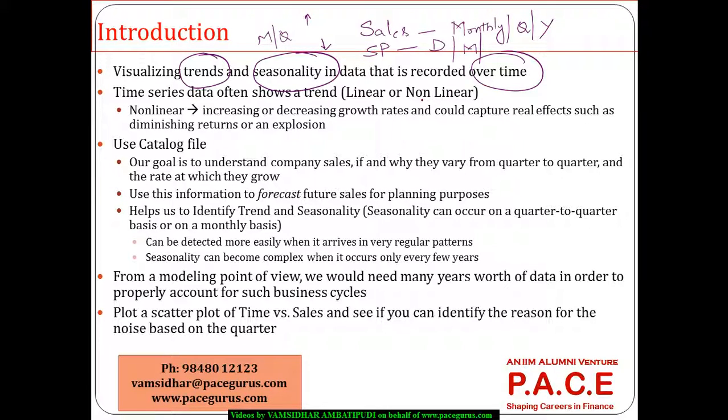So, if I really want to understand or observe that kind of a pattern in my data, what is that I need to do? So, this is the scope of time series analysis. I am looking at the trend as well as the seasonality in the data, whichever is collected over time.